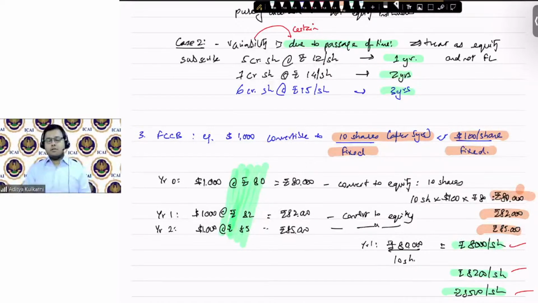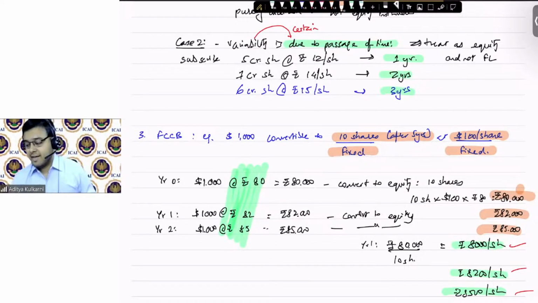So therefore, in all these 3 cases, there is a variability in the number or in the price. But in spite of that variability, the settlement is happening in the entity's own equity instrument. In spite of the variability, it will be regarded as equity. So these are three simple exceptions. First exception was due to corporate restructuring, capital changes in the market on account of bonus or stock split or consolidation.